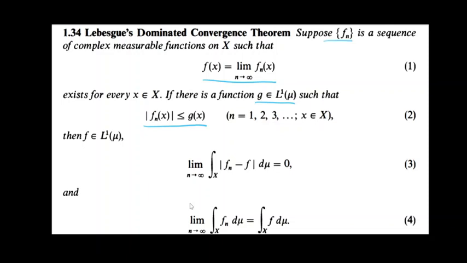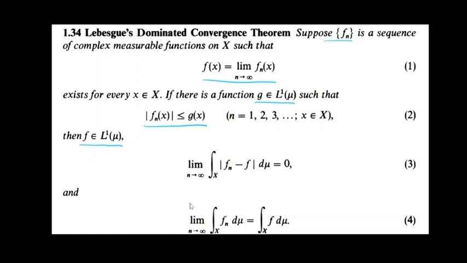and for all x belonging to X, then first we want to show that f belongs to L1(mu). Then the limit as n tends to infinity of the integral over X of |f_n minus f| d mu equals 0.